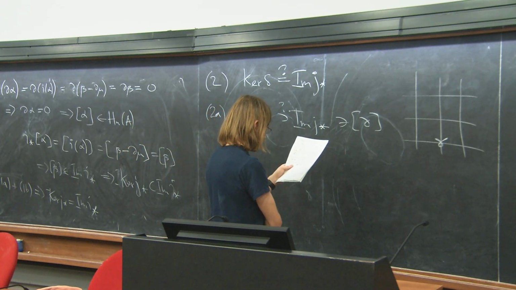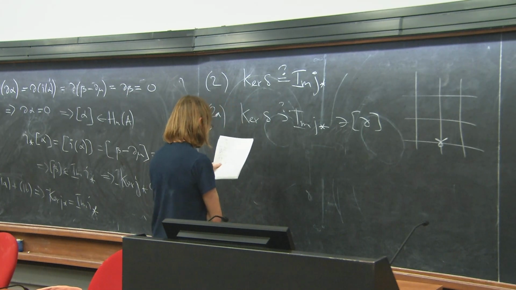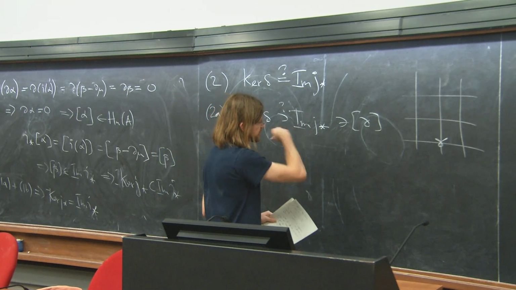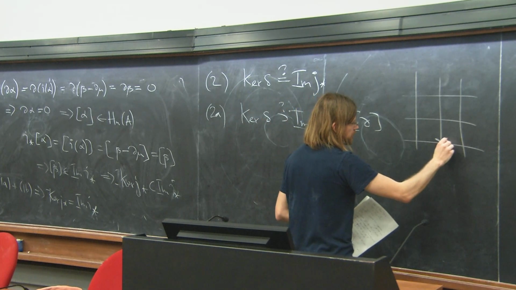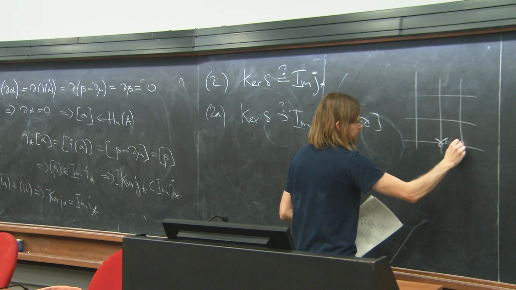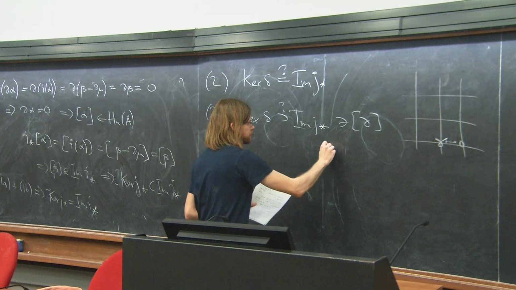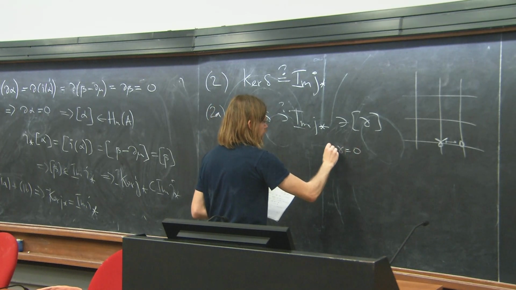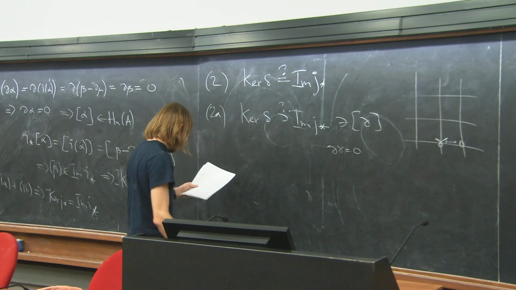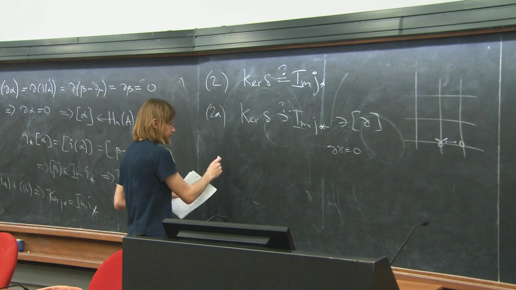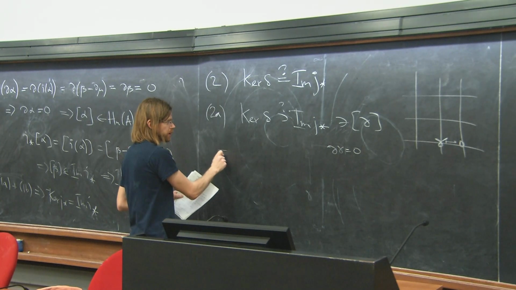And we know that gamma represents an element in homology, so it's killed by D. And so it's in the image of J star.